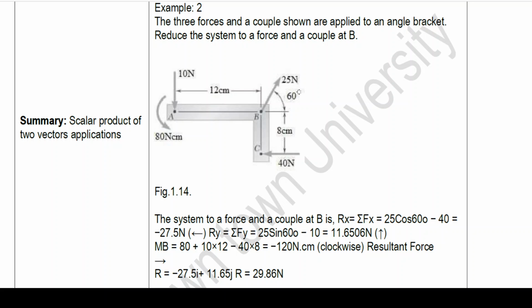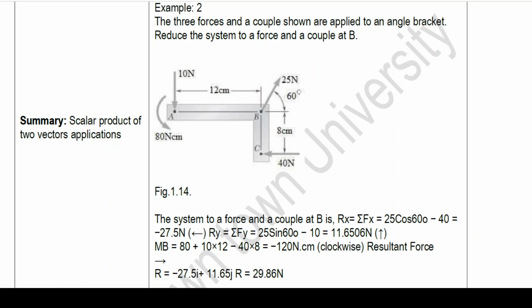Okay, and then after that there is another force which is acting at C, which is coming inwards, right? So this force will be negative. So in this way, for the reaction at x component, we will be getting 25 cos 60 minus 40, which comes out to be minus 27.5 Newton.